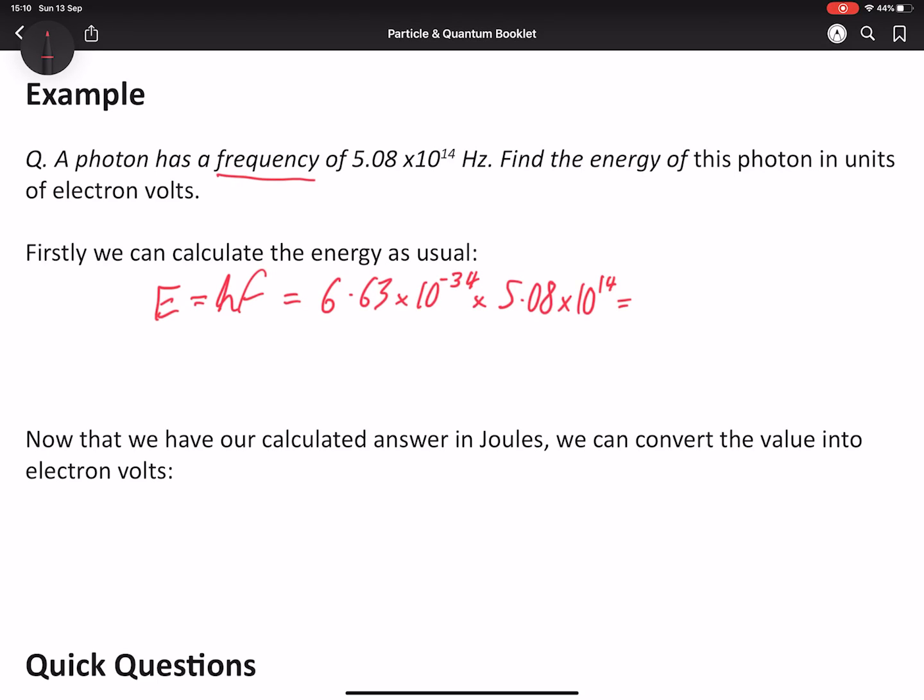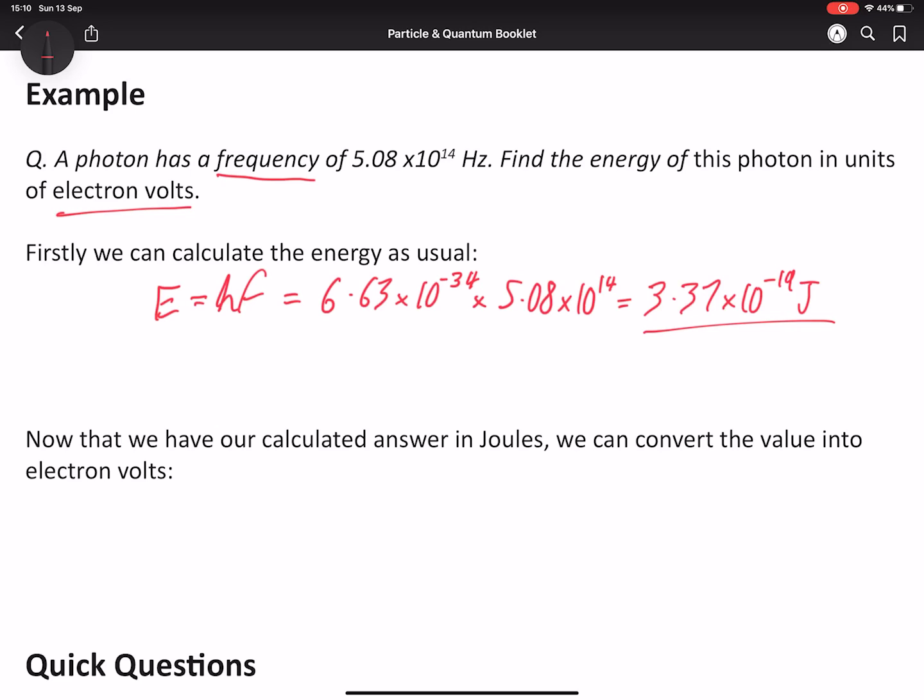Plugging it through the calculator will give you a value in the range of 10 to the minus 19 or minus 20. So we end up with a value of 3.37 times 10 to the minus 19, as expected, and that's in joules. So knowing it's in that range, electron volts makes sense. All we need to do is take this value and divide it by the charge of an electron.